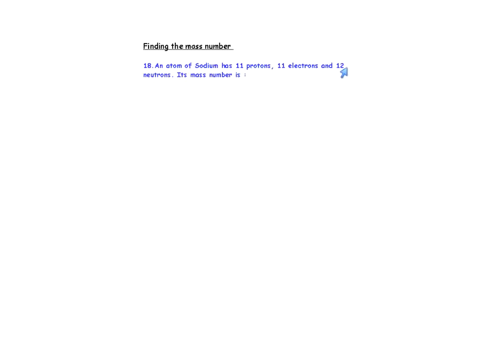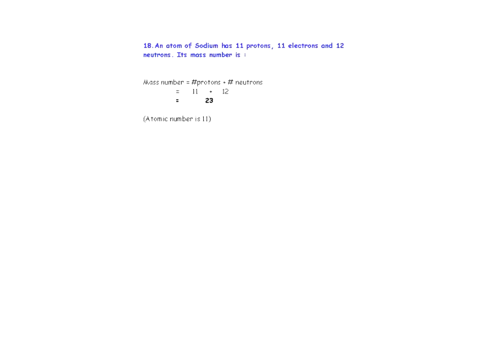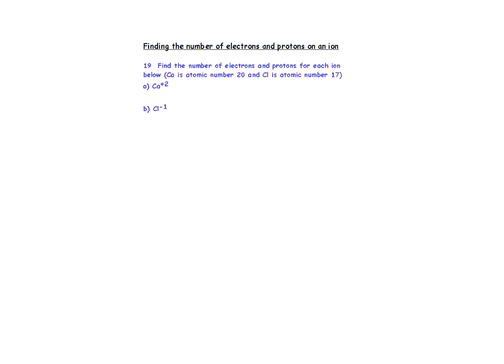So if it's only protons and neutrons, 11 and 12, it's going to be 23, right? Okay. Does that make sense? Good stuff. All right, so that's how we do it there. So that was the mass number, or atomic mass.